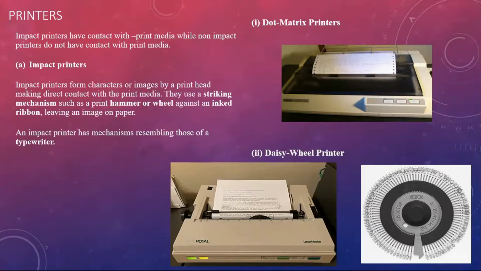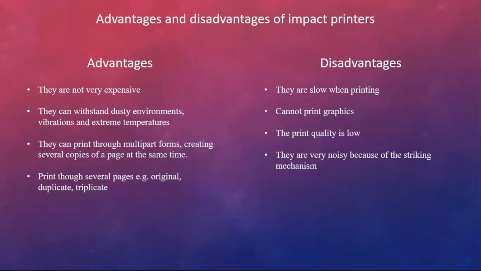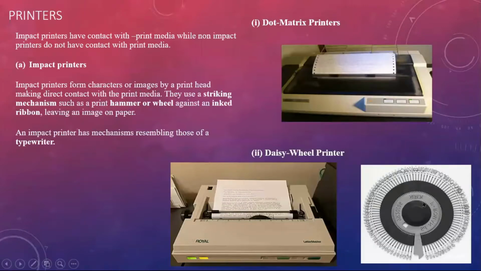The other example is the daisy wheel printer. The daisy wheel printer is like a typewriter, but with preformed letters at the ends of the spokes of a wheel. If we look at the next image here, this is how the wheel in these printers looks.